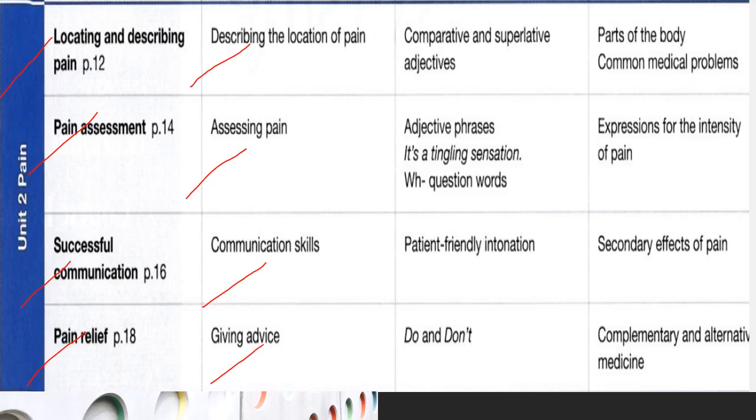In the third column, here are the main objectives which we have to achieve on the level of English grammar or English structure. First of all, we are going to learn more about comparative and superlative adjectives, the second and third degrees of adjectives.